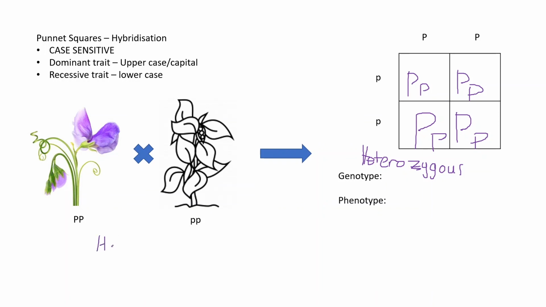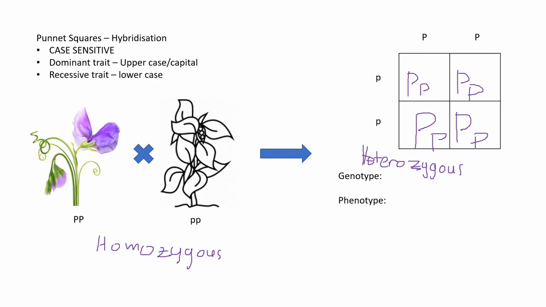However, each parent is homozygous with different alleles. This purple parent is a homozygous species with two dominant alleles, whereas the white parent is a homozygous species with two recessive alleles.